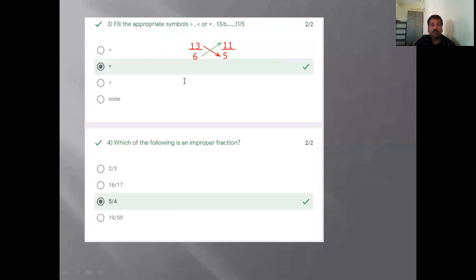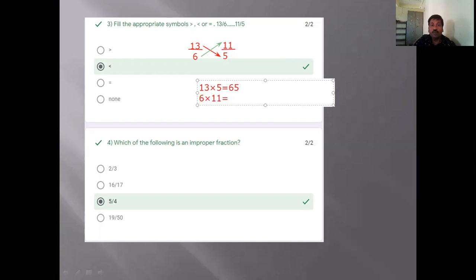If the product of the numerator of the first fraction and the denominator of the second fraction is greater or less, then the fraction will be greater or less.